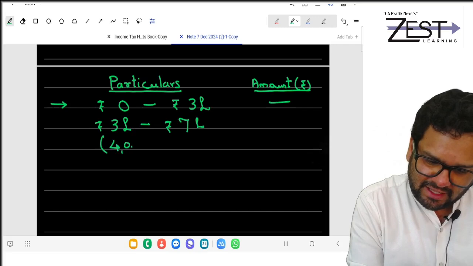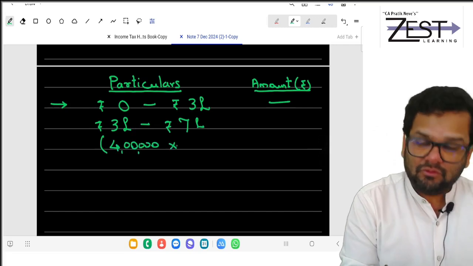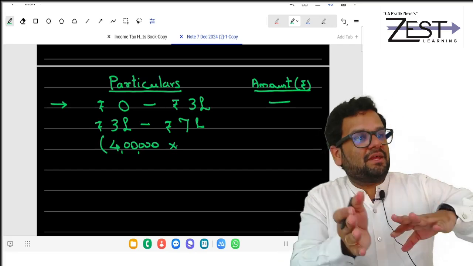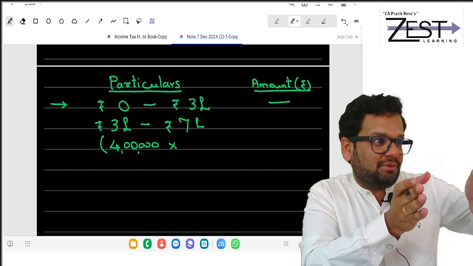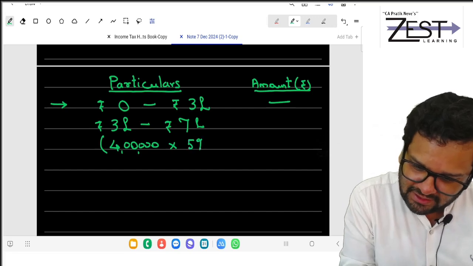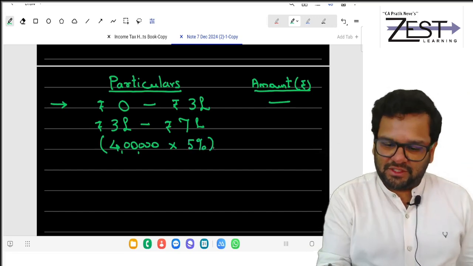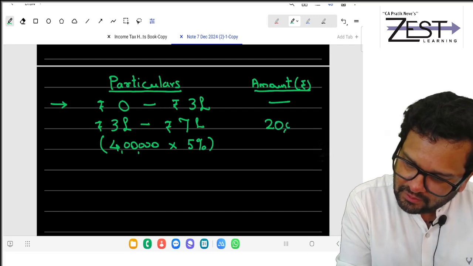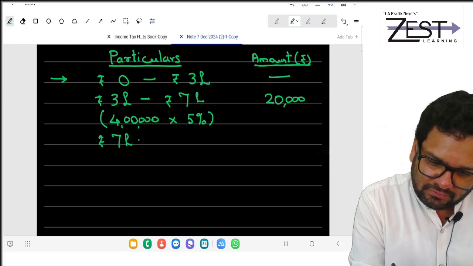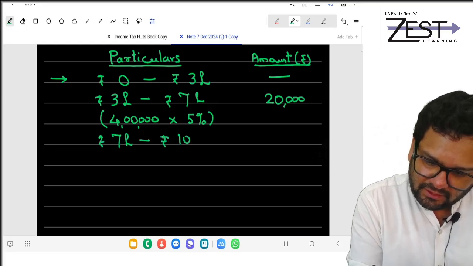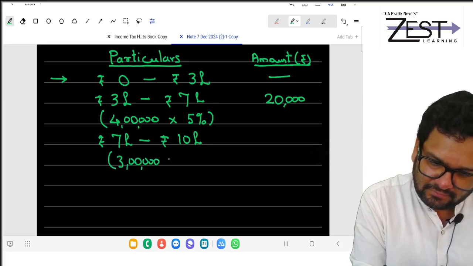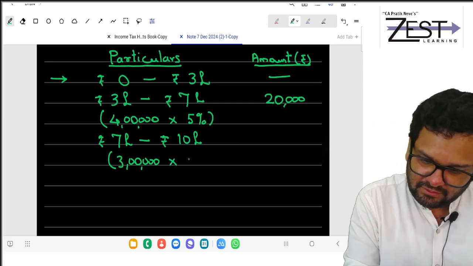Between 3 lakh to 7 lakh there is 4 lakhs. See the range, 3 to 7 means 7 minus 3. There is 4 lakh between 3 lakh to 7 lakh. On that 4 lakh, tax is at 5%, which is 20,000. 7 lakh to 10 lakh, tax is at what percent? 10%.